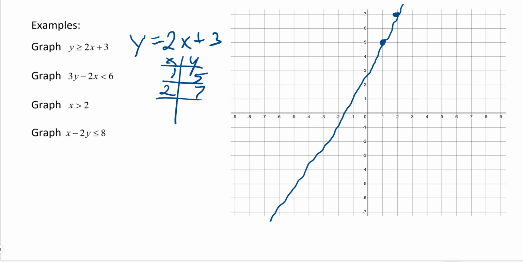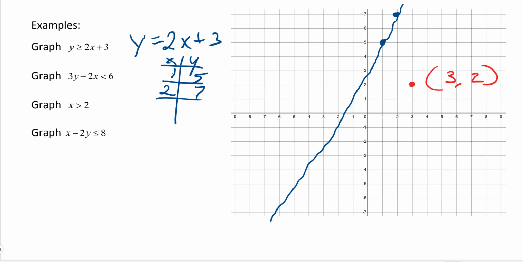The key thing is, do not pick a point close to the line. You want to pick a point far enough away that even if you were a little bit sloppy with drawing your line, you're sure that point is not on the line. So I'm going to pick the point right here at (3, 2), and that's just a randomly chosen point.